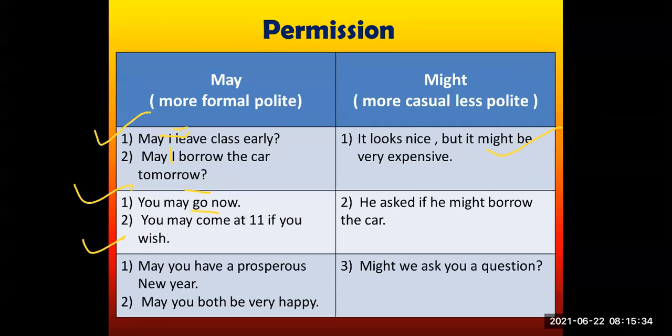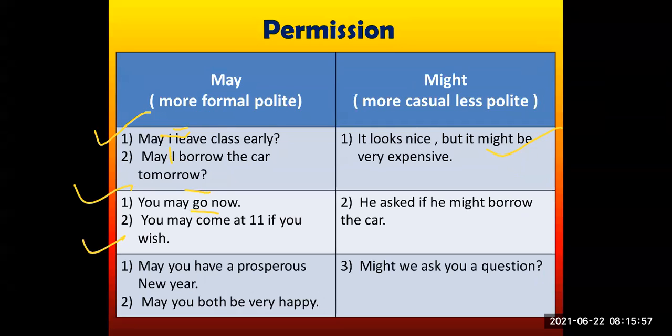There is less polite is there. He doesn't want to buy that thing because it is very expensive. Second example, see, he asked if he might borrow the car. Third, might we ask you a question?